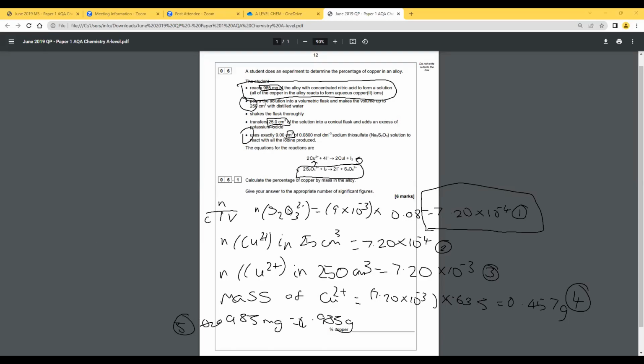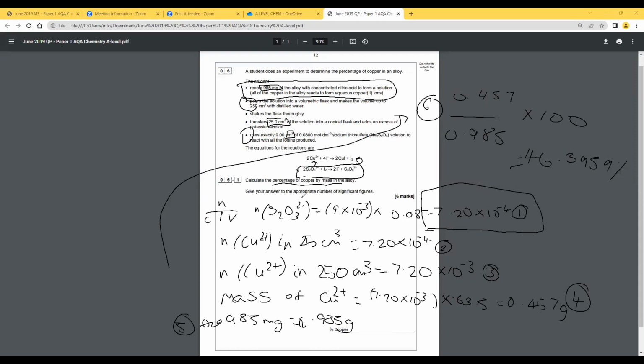And our sixth mark will be to calculate this final percentage copper by mass. So I'll write this here. Now we're going to do the mass of copper divided by the mass of alloy, times 100, and the answer I get is 46.395.